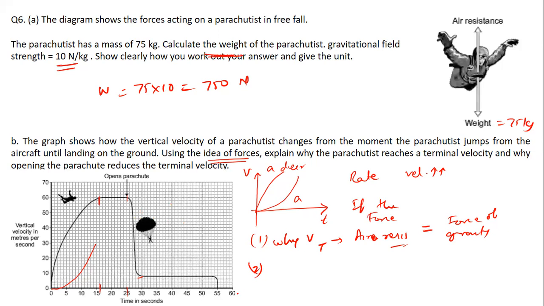So first question is answered. Second question, why does opening the parachute reduce the terminal velocity? Why does Vt decrease? Why does it decrease? Opening a parachute, why does terminal velocity decrease?